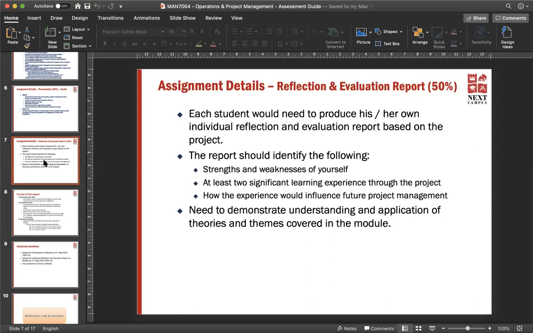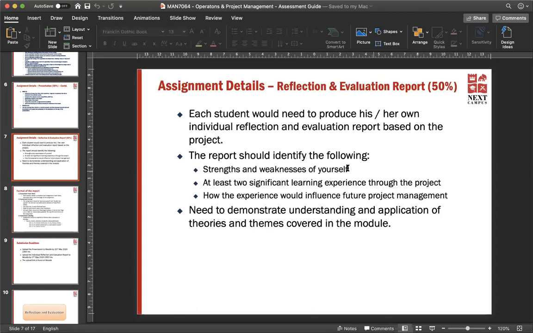This is a reflection evaluation report. This is about you, the student, the person who is managing this particular project. So this is what the report should identify.